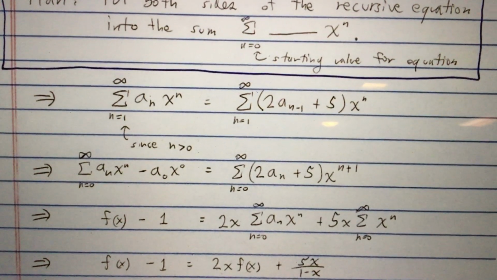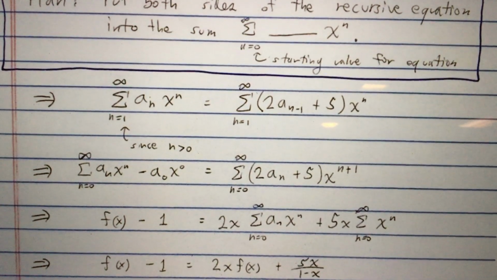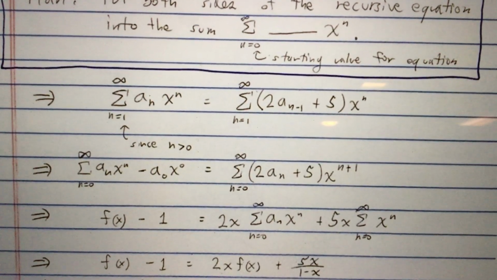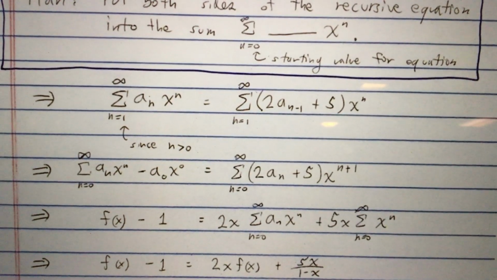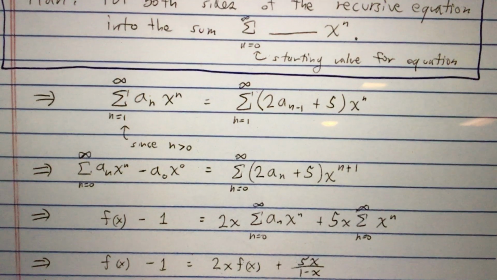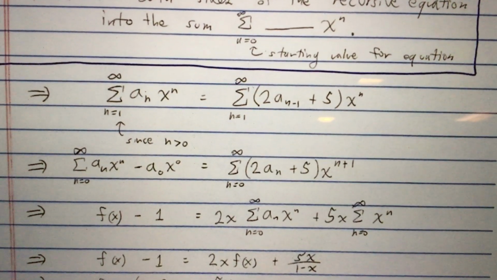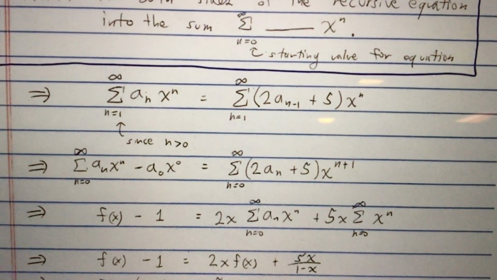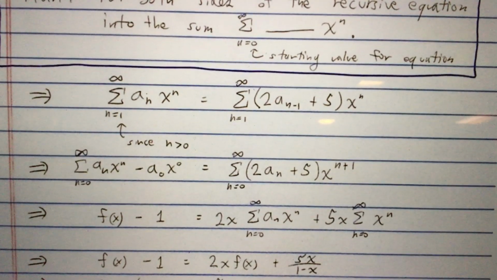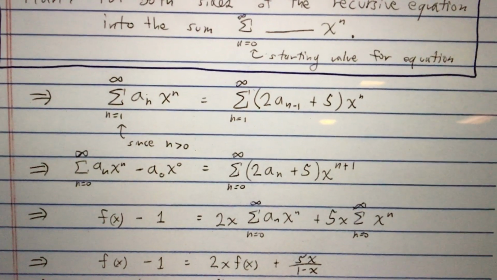In other words, just multiply some things back through. If you multiply that 2x back into the first summation, you get 2 times a sub n x to the n plus 1. That's what we would have had distributing the x to the n plus 1 above. And on the second summation, we have 5 inside. If we multiply, we have 5 times x to the n plus 1.